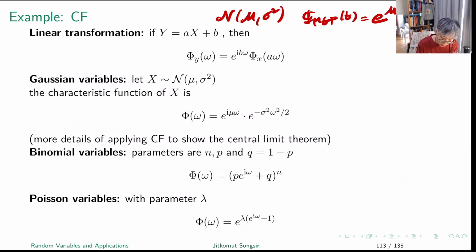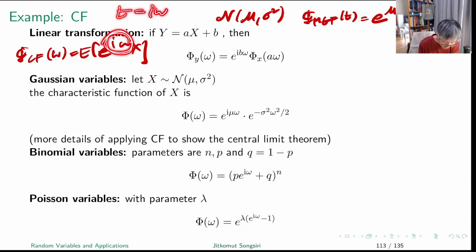So from the definition of the CF, that is e to the i omega x, now we can just take a look at this. It looks like you can replace t equals i omega in the expression.